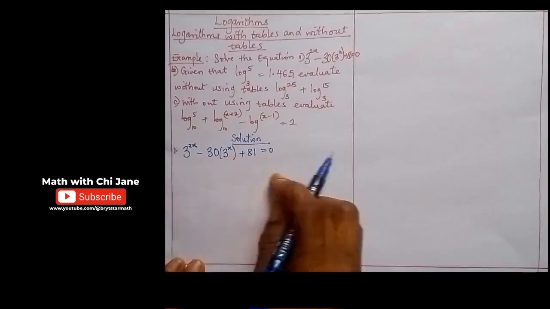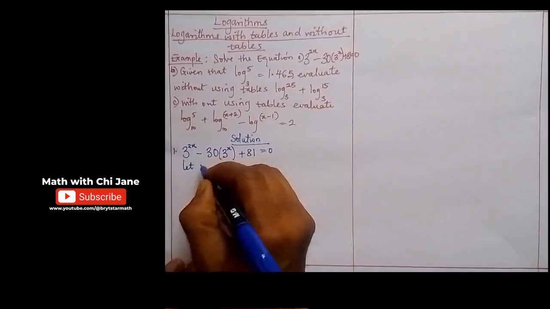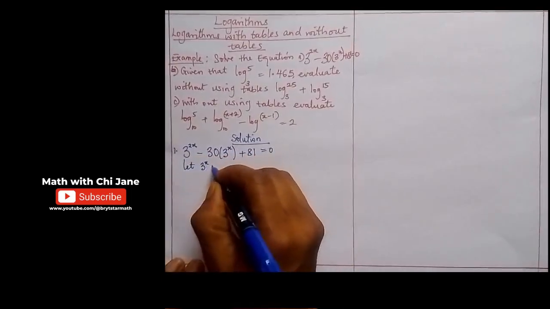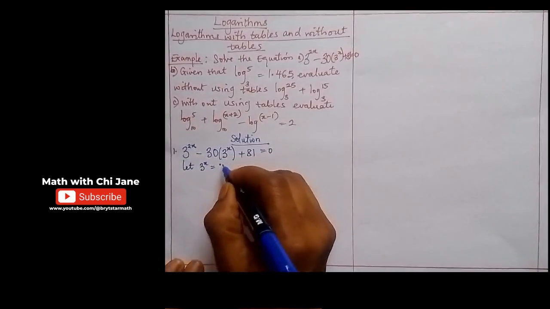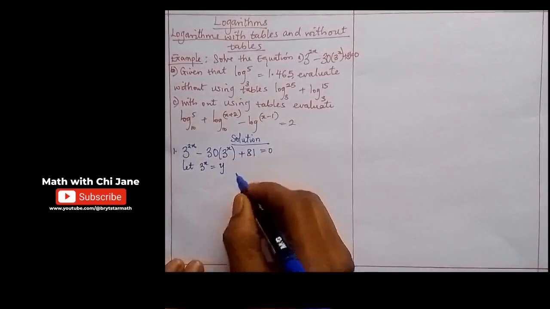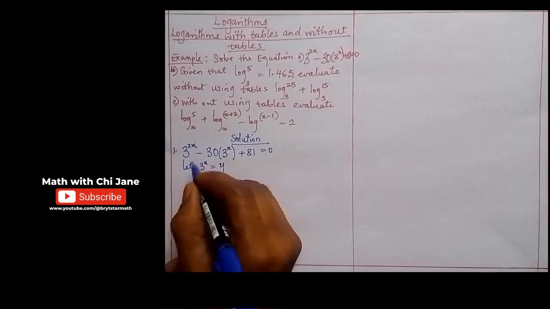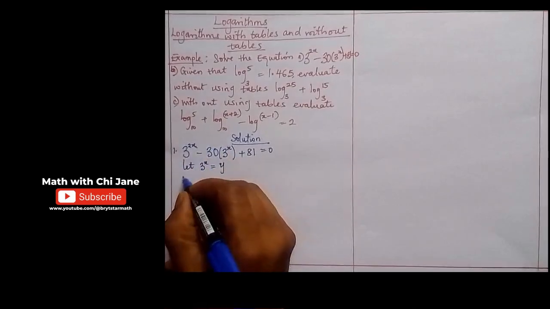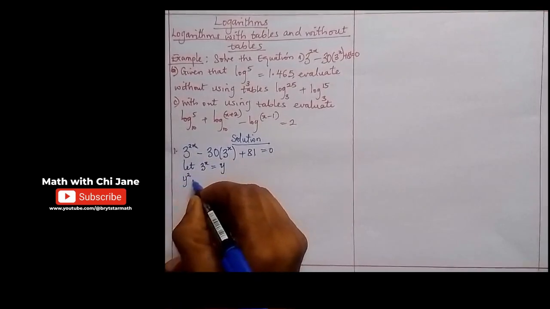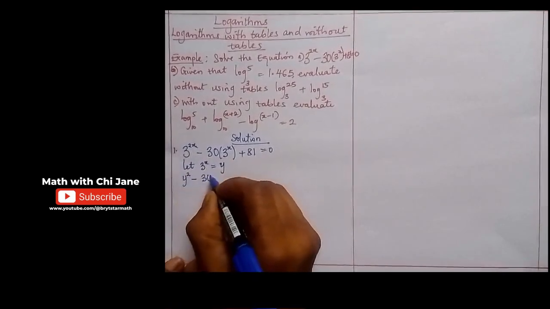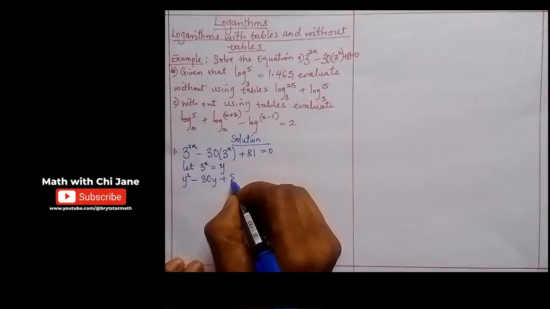Whenever you're given a question like this, you say let 3 raised to the power of x be equal to, let me call it y. So I'll replace this with y, and what we have is y squared minus 30y plus 81.